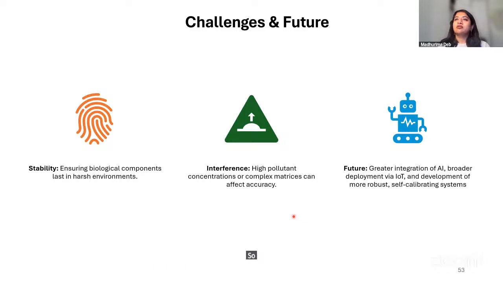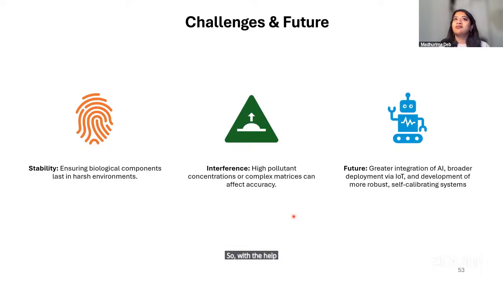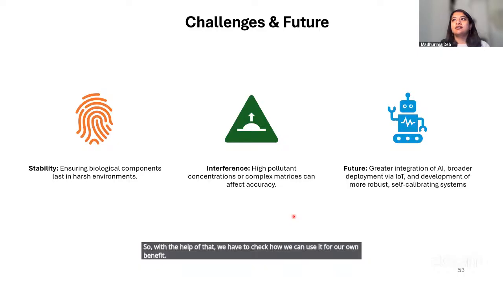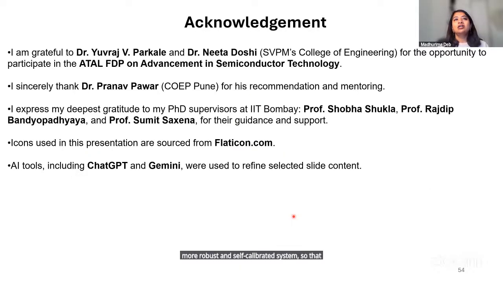So with this, as we see that every day we are seeing one or two new models or some new iterations of the models, with the help of that, we have to check how we can use it for our own benefit and for a broader deployment and development of more robust and self-calibrated systems. So that would be the future.